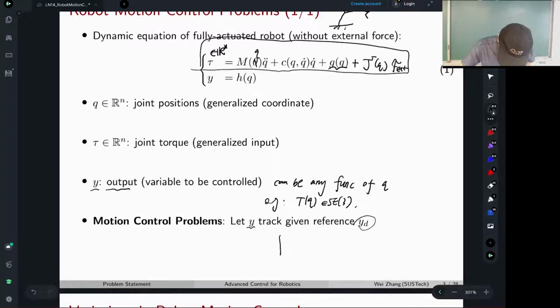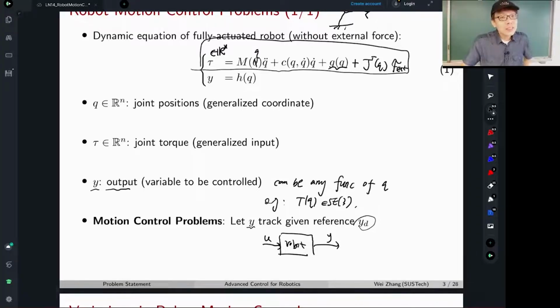If I draw a little diagram, that's my robot. That's an input to the robot, and this is the output of my robot that I care about. If we only care about the end effector origin, then Y will be the origin.